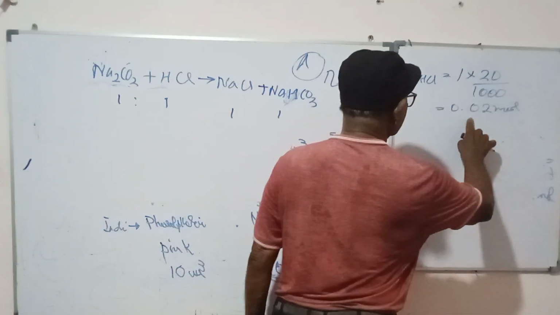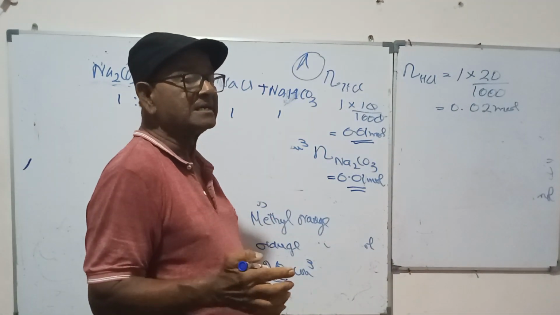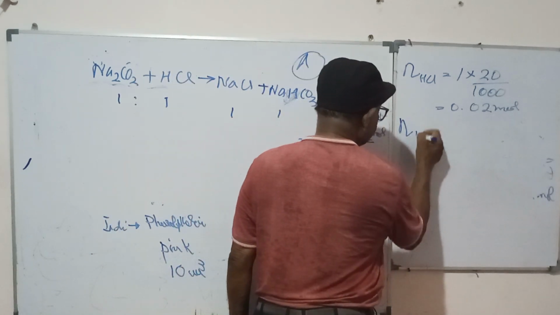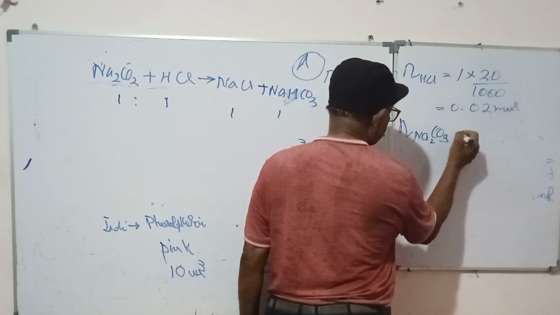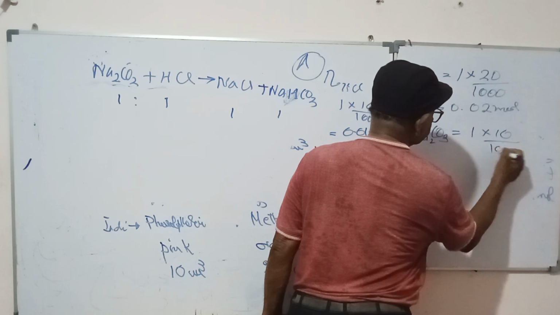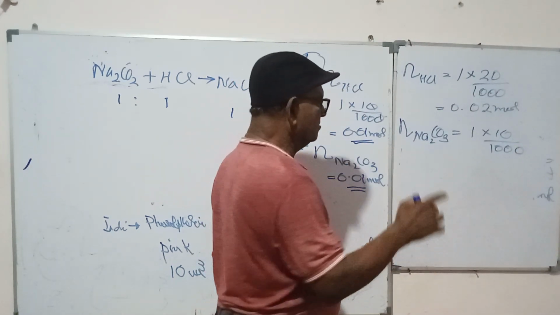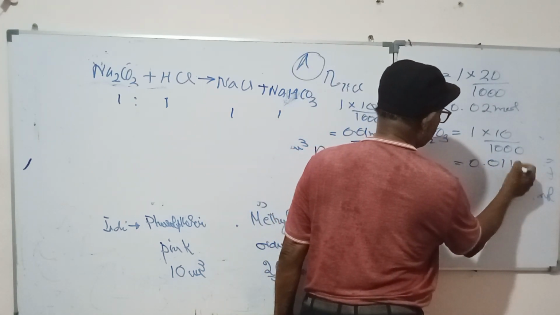So 0.02 mole of HCl is required for the completion of the reaction. Then Na2CO3: 1 into 10 divided by 1000. The volume of sodium carbonate is 10, 0.01 mole.